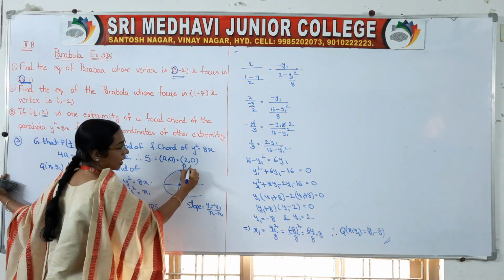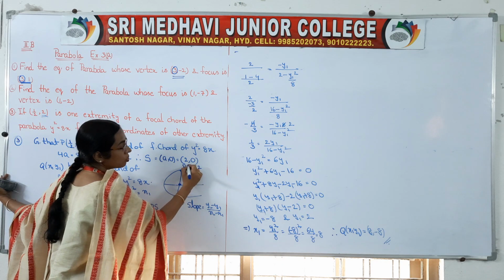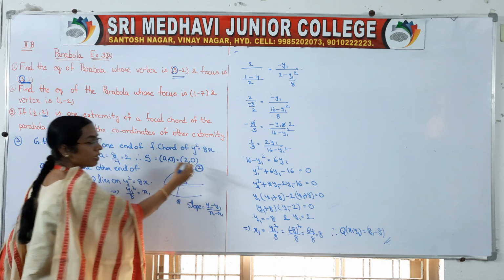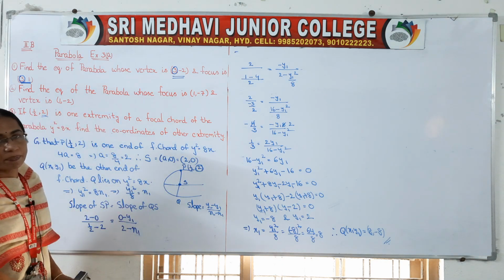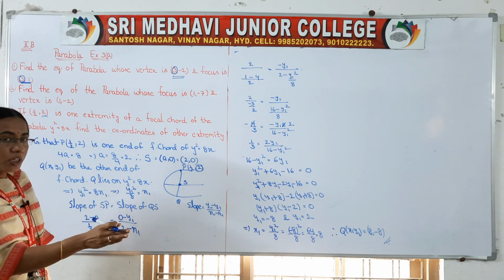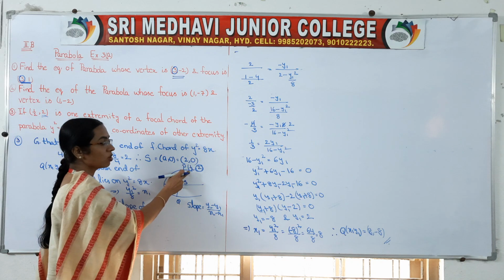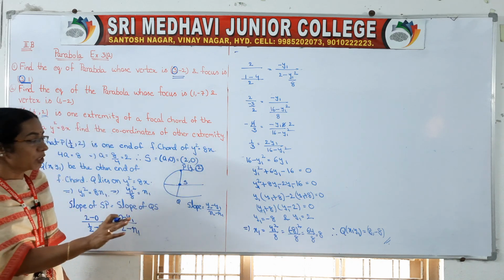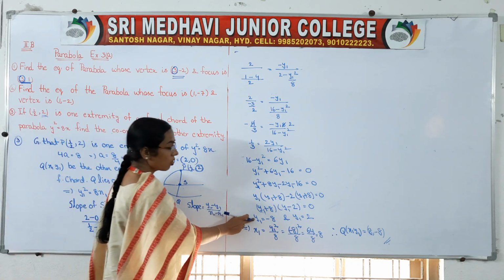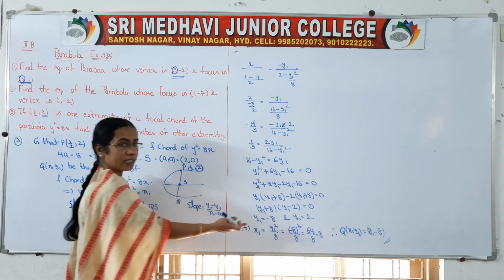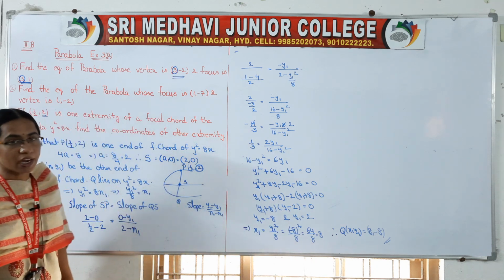One is this one, and its point is 1 by 2, 2. That means the y coordinate is 2. We got that one, right? So no need to find its respective x coordinate. Its respective x coordinate is 1 by 2, we already know it. We want to find the x coordinate of this one.